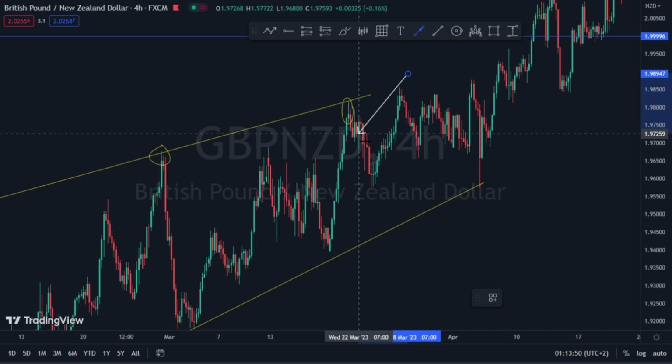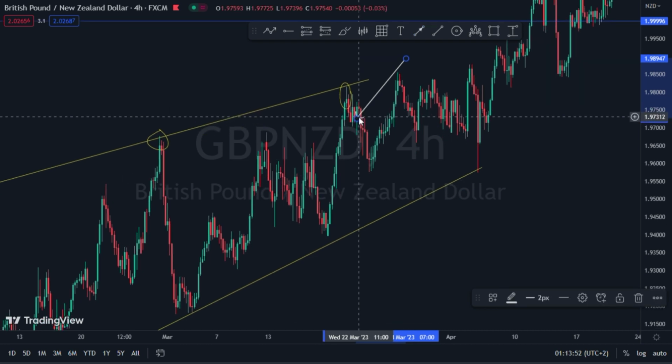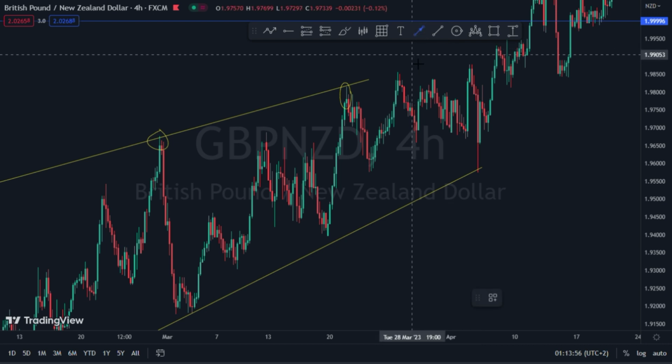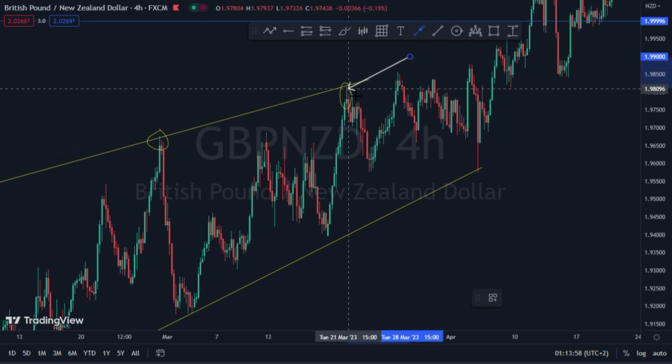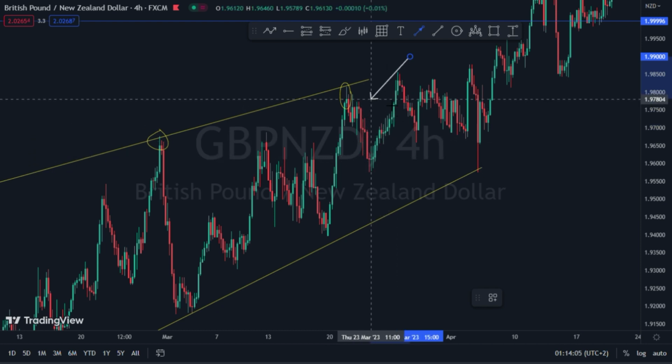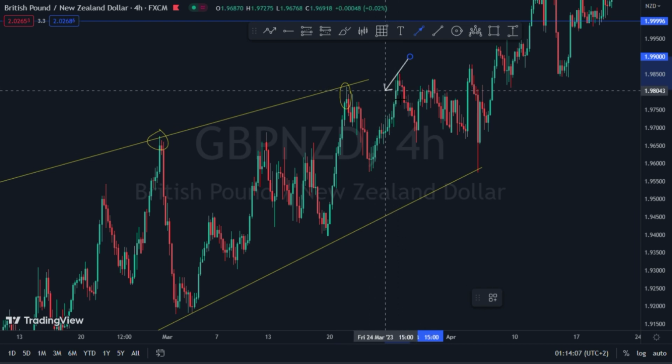The market moved accordingly to the downside after those confirmations, but only to go back up, and then the market took me out right here on these levels.